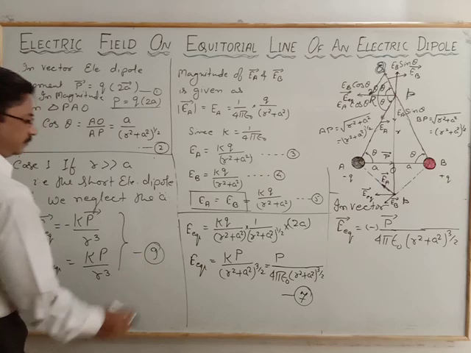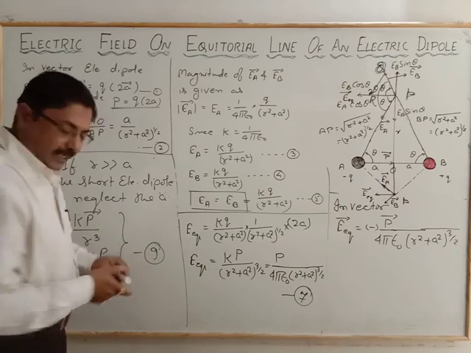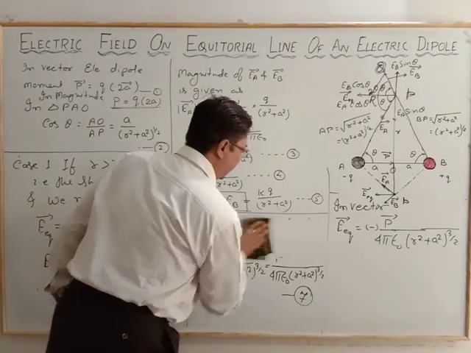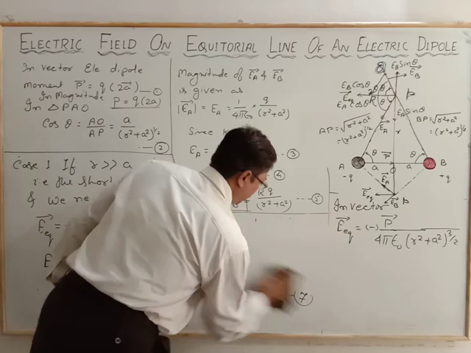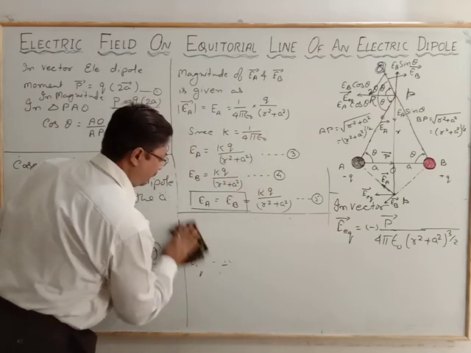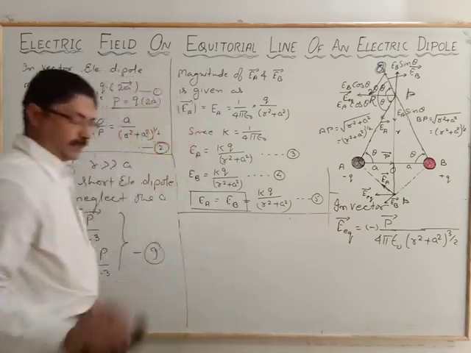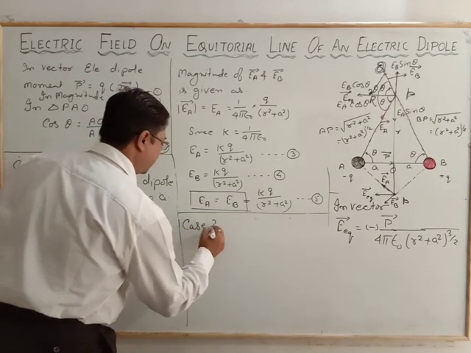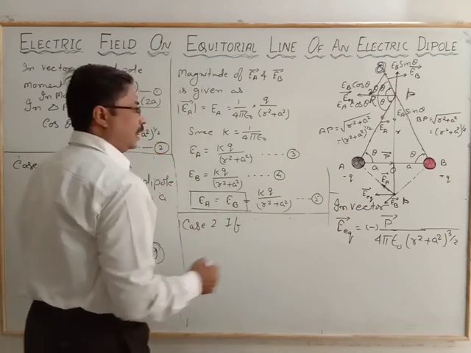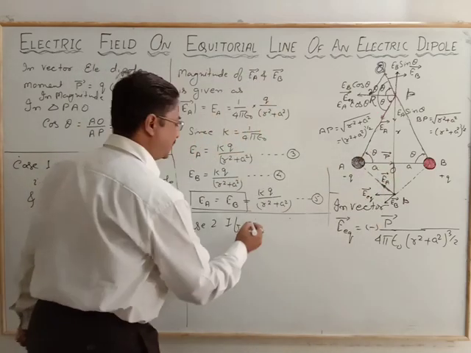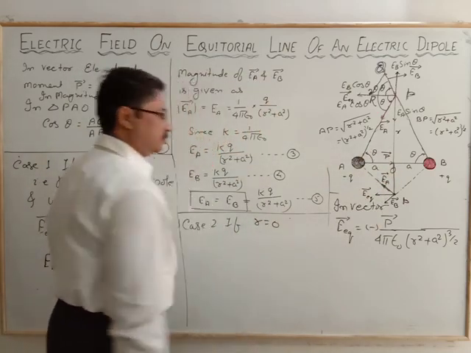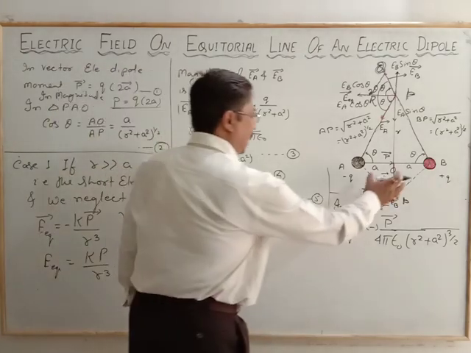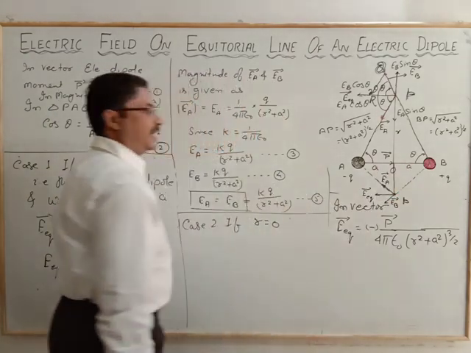Now the second case: if the point lies at the center, that means r is equal to 0. At the center of the dipole, what will be the electric field?